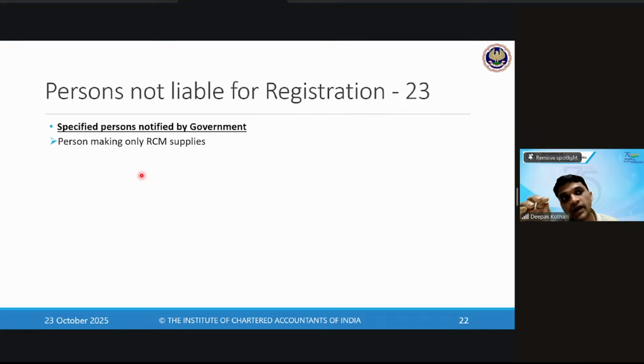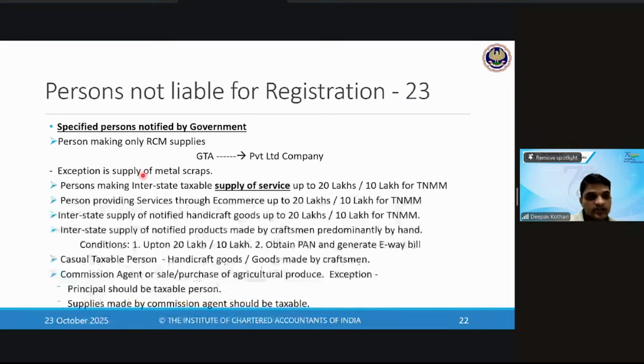On all of these supplies, only the recipient has to pay the reverse charge. So then they don't have to take registration. That is, the supplier need not take registration. Like a GTA providing services to a private limited company. Reverse charge will be paid by the private limited company. So this GTA, if he is doing only reverse charge supplies, then he need not register.